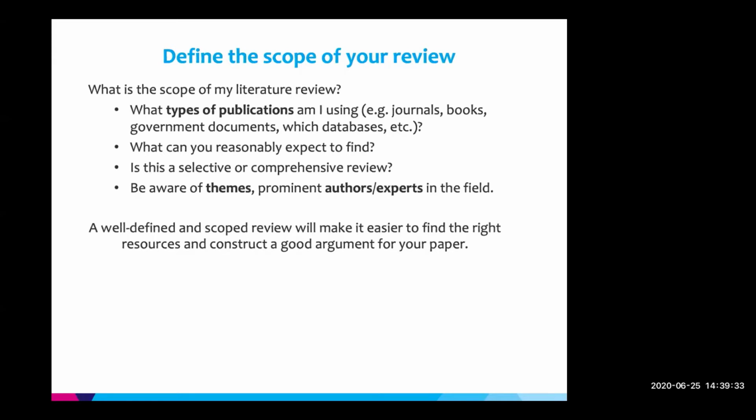So if the scope of my literature review might include white papers, government documents, patient information, we need to remember that that information is not going to be coming up in our results list in PubMed. That doesn't mean it's not accessible to us, but it requires stepping back and asking, okay, what else is part of my search strategy here? It's not just about keywords, but it's about where am I going?